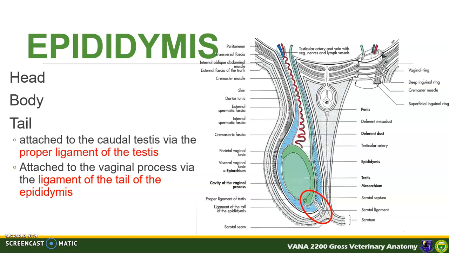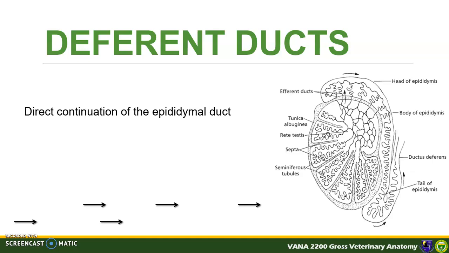The proper ligament of the testis attaches the caudal testis with the tail of the epididymis. On the other hand, the ligament of the tail of the epididymis attaches the tail of the epididymis to the vaginal process. The deferent duct or the vas deferens is the direct continuation of the epididymal duct to the urethra.